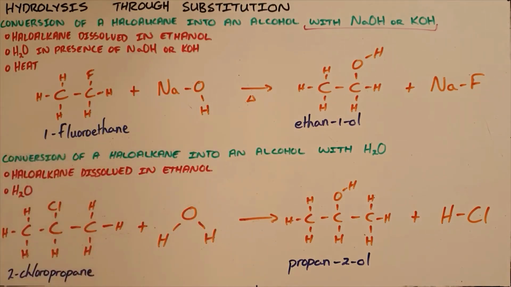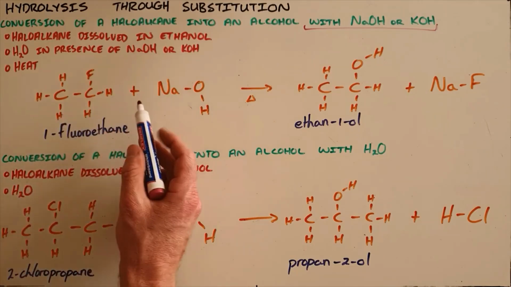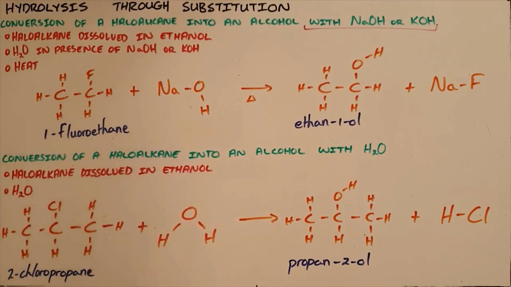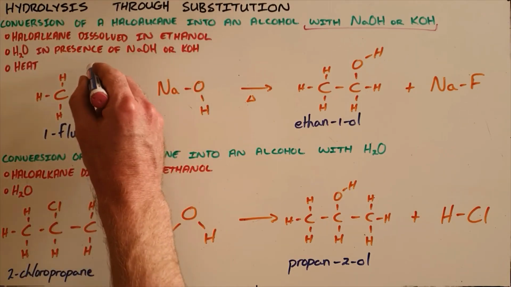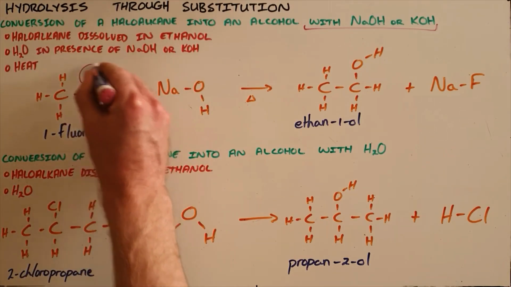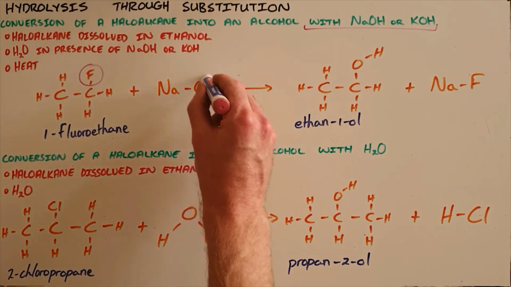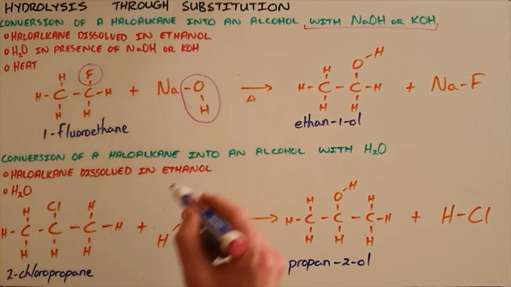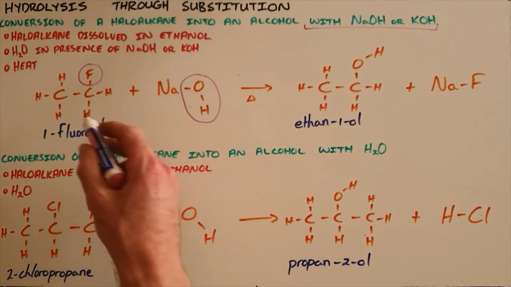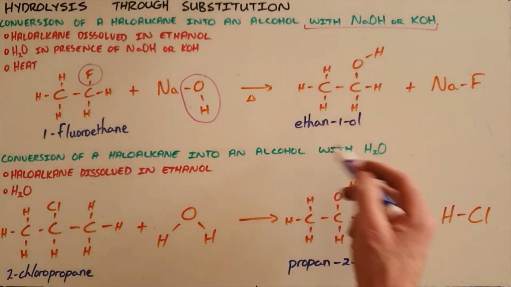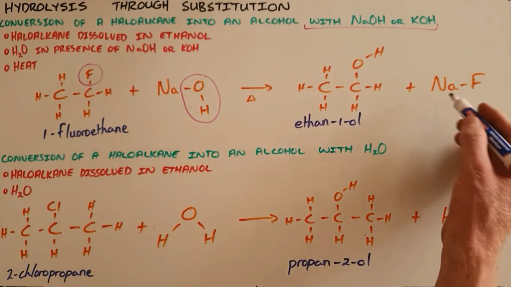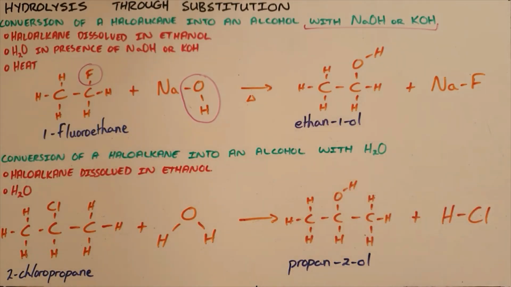So in this example here, we have 1-fluoroethane that reacts with sodium hydroxide, and in the correct conditions, these three conditions here, what we would find is that the fluorine atom is substituted with the hydroxyl group of atoms, to form ethan-1-ol, which is our alcohol, and then the remaining sodium fluoride.